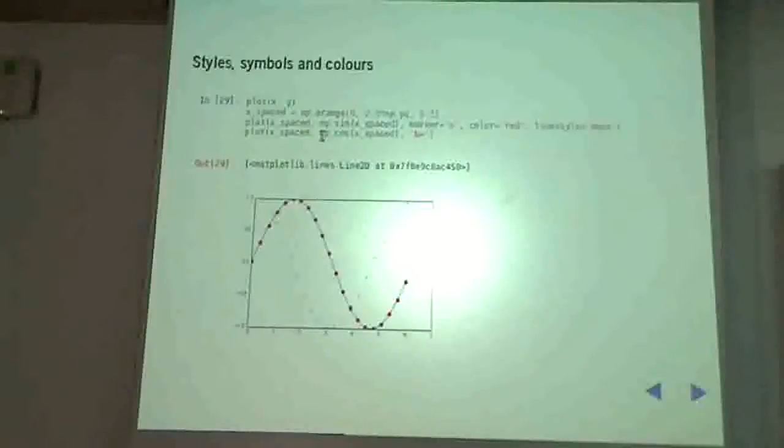Now this is a mistake actually. This is a typo. If I actually said line style equal to none, maybe this is not a typo. Still it drew a line. Why is that?